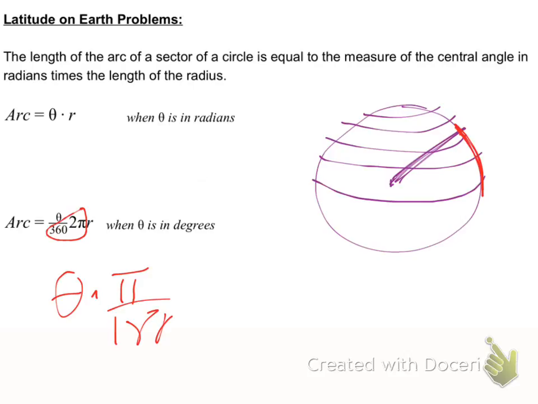So if we had pi over 3 radians and the radius was 3, the arc length would be pi, or 3.14. There are a couple of different ways: if you're given degrees, convert to radians and multiply by the radius, or plug into the equation on the bottom; if it's in radians, just multiply by the radius. Okay?